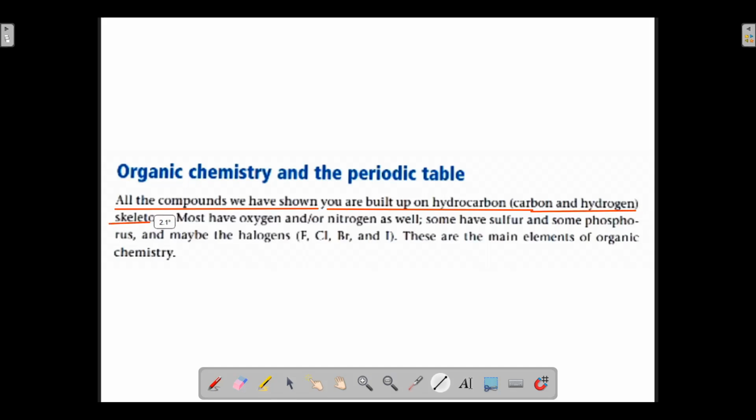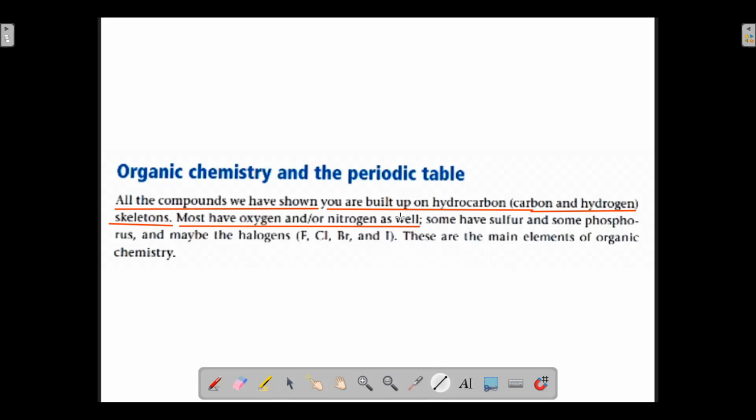Carbon and hydrogen make the skeleton of these organic compounds, and it is true for most of them. That is the definition of an organic compound: the skeleton must be made out of carbon and hydrogen. Most have oxygen or nitrogen as well.